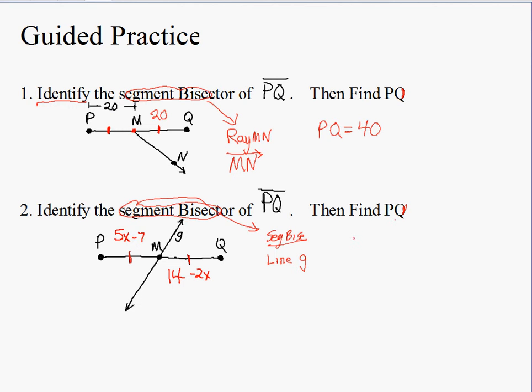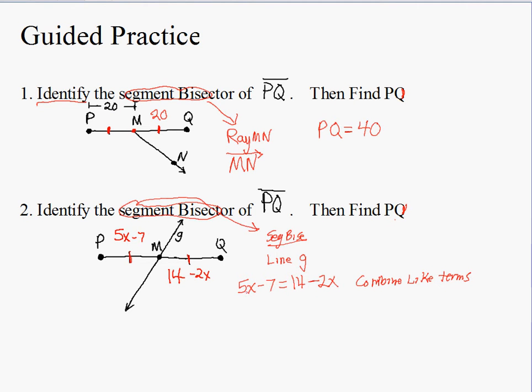So that means that we're going to set up an equation. So let's set up our equation. 5x minus 7 has to be equal to 14 minus 2x. We know that that's true because this has one dash, this has one dash. Now we have an algebra 1 problem. So the first thing that we want to do is combine like terms.